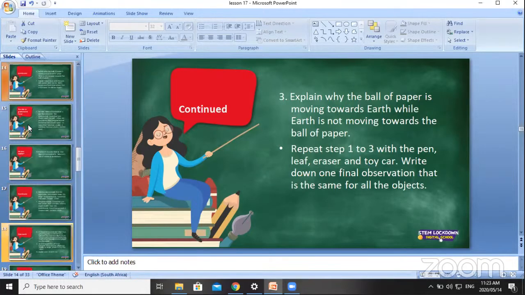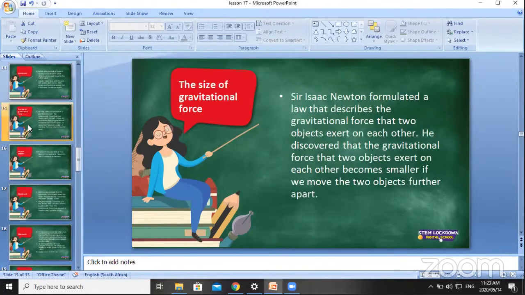So let's look at the size of gravitational force. Yesterday I introduced you to this very brilliant guy called Sir Isaac Newton. Sir Isaac Newton formulated a law that describes the gravitational force that two objects exert on each other.